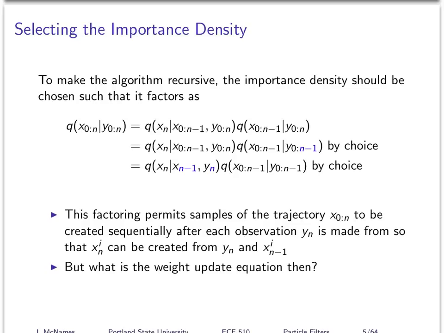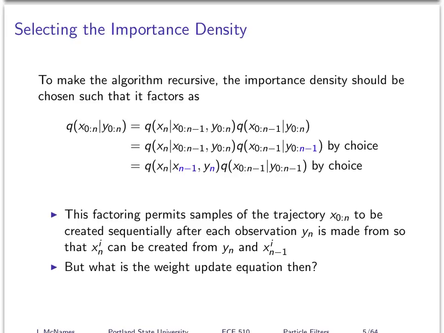The first one is, if you apply Bayes' rule correctly, then what you get, if you factor this, is that this joint distribution of the importance density for the state from 0 to n can be factored as the conditional, where we've got x of n conditioned on everything else, times the marginal of the trajectory from 0 to n minus 1 conditioned on the same thing, on y of 0 to n. So this is just applying Bayes' rule.